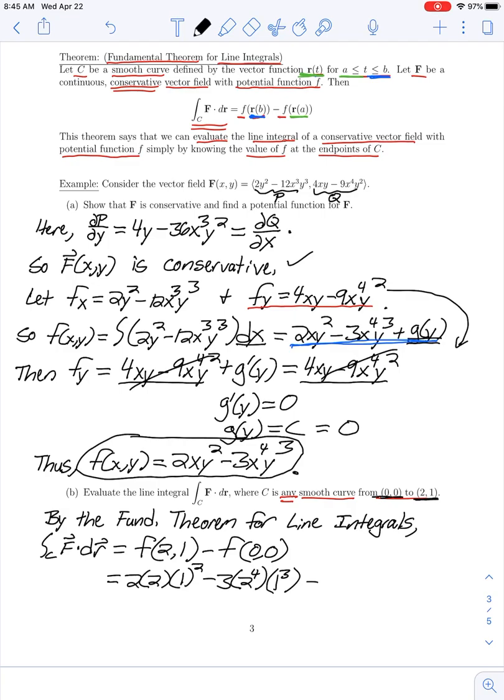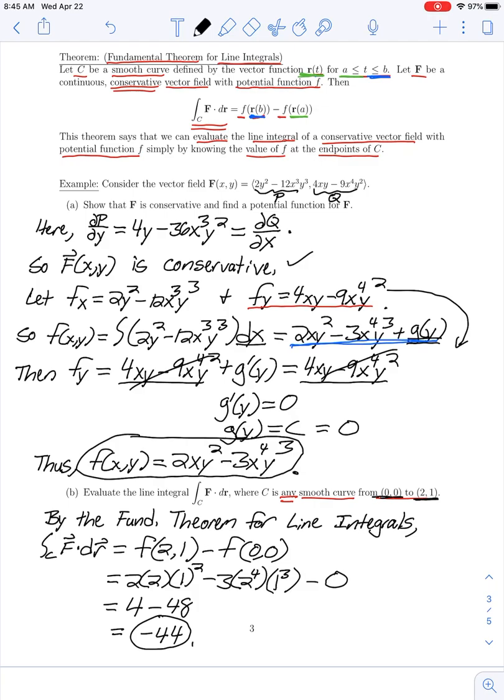Now plugging in 0, 0 for x and y, we're left with 0. So let's see what we end up with. Our first term here is 4 minus 3 times 2 to the fourth is 16, so here minus 48. So we're left with negative 44 for the value of this line integral of our vector field.